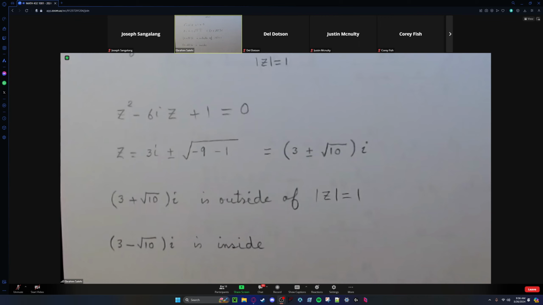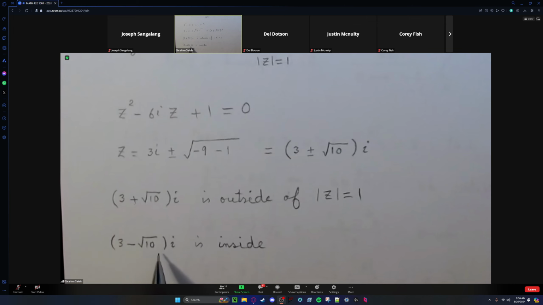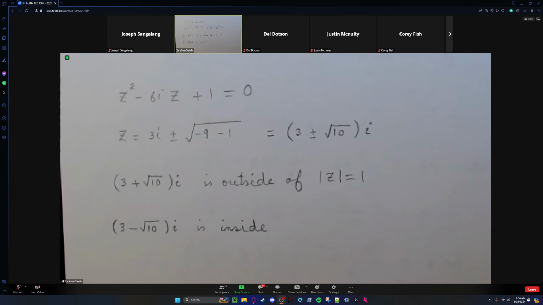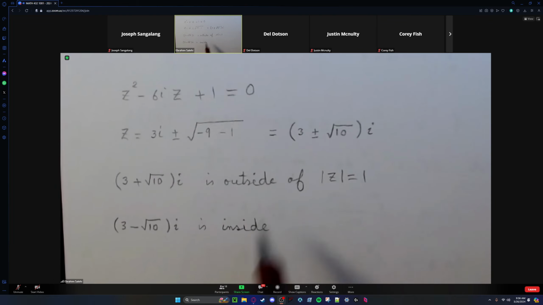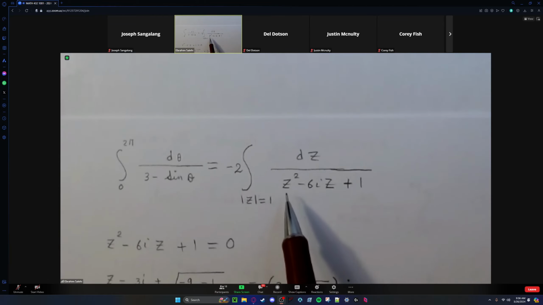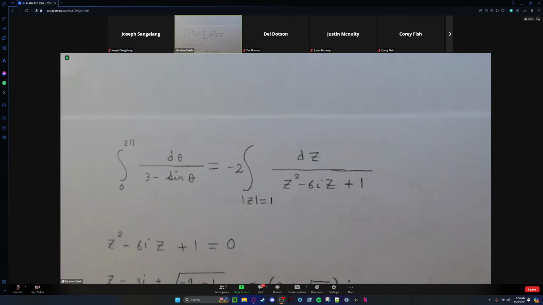So that means the value of this integral is going to be 2 pi i times the residue at the singularity that is inside. So I need to find the residue of this integrand, this function, at this point.